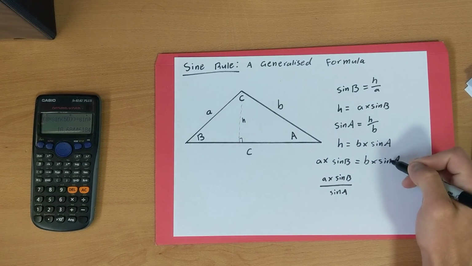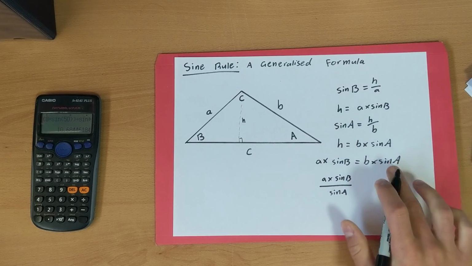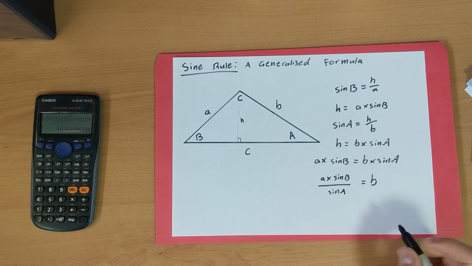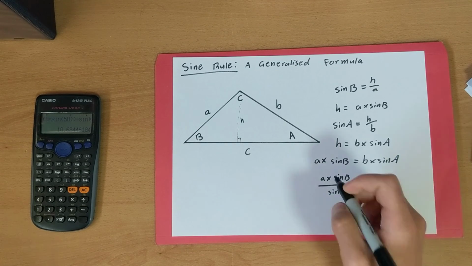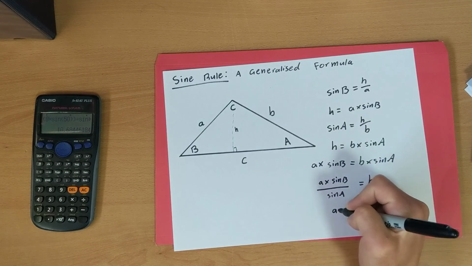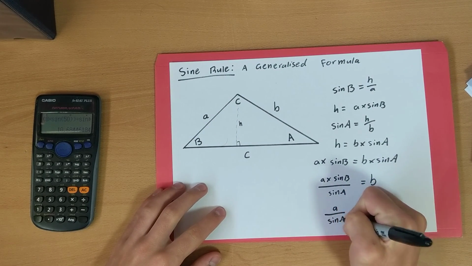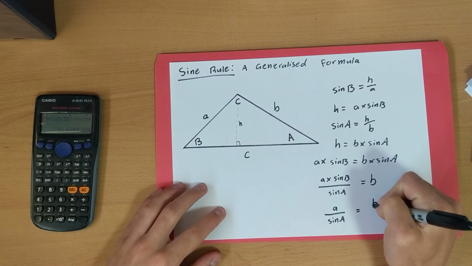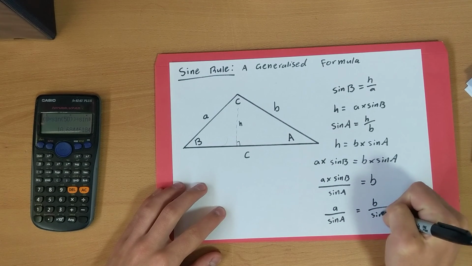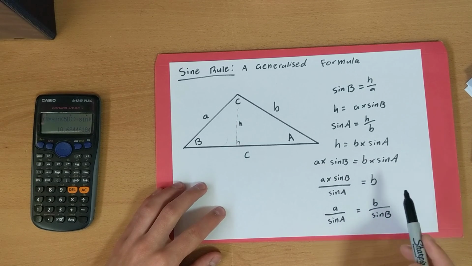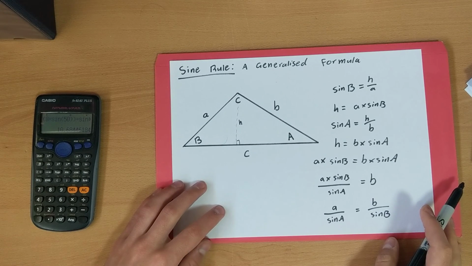I've taken this sine A and moved it over to this side by dividing both sides by sine A. And now I'm going to divide both sides of this equation by sine B. So I get that a divided by sine A equals b divided by sine B, because I've taken this and moved it over to the other side of the equation by dividing both sides by sine B.